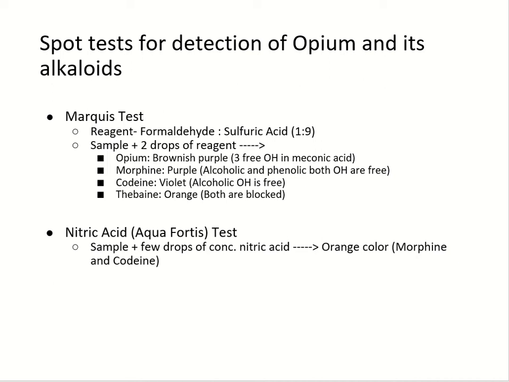The reagent is formaldehyde and sulfuric acid in the ratio 1:10. The results are: opium gives brownish purple color, morphine gives purple color, codeine violet, and thebaine orange. Nitric acid or aqua fortis test, in which a few drops of concentrated nitric acid are added to the sample. Orange color will be observed in the case of morphine and codeine.